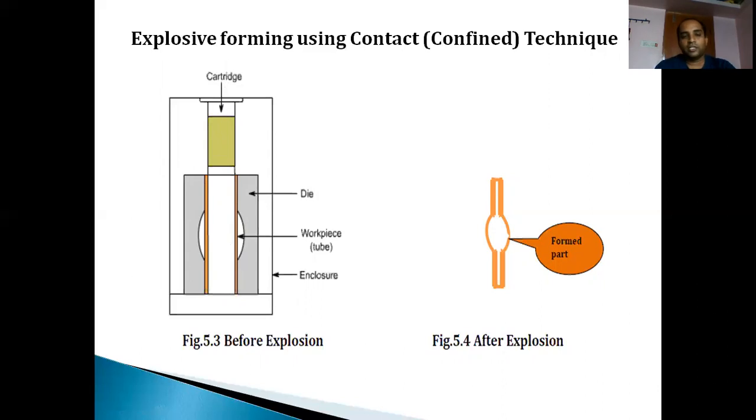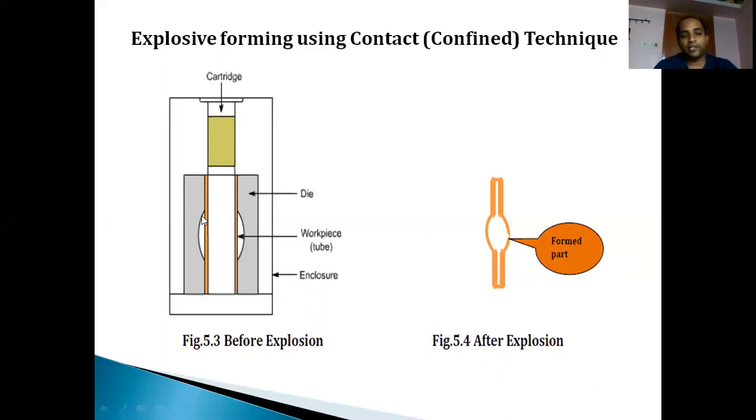The cartridge is taken to the point where there is a cavity of this die. At this position, this explosive material is placed and exploded.